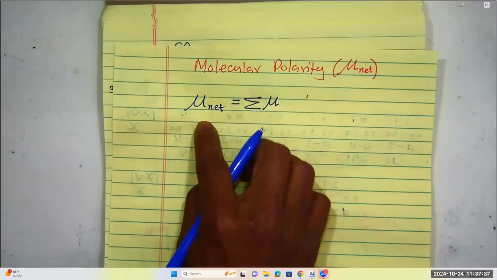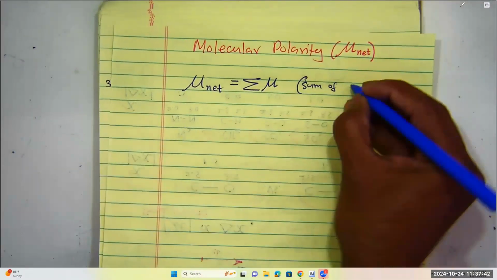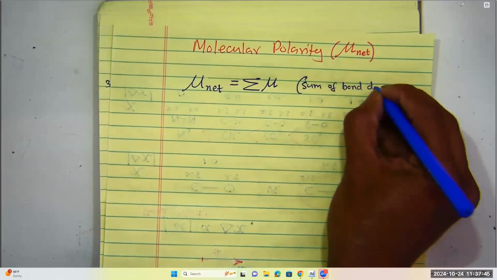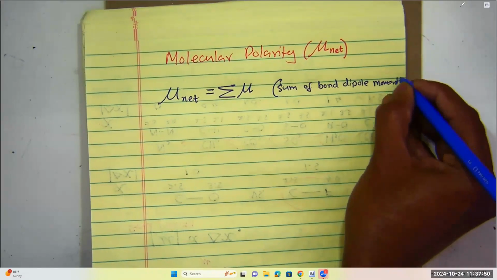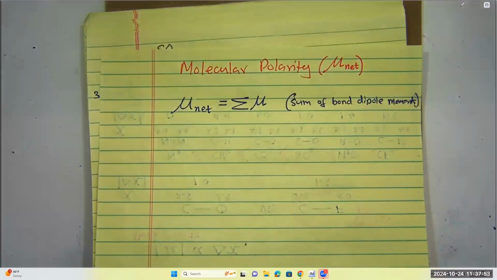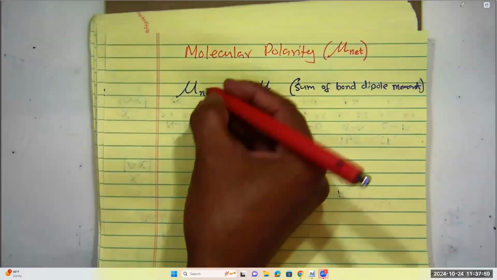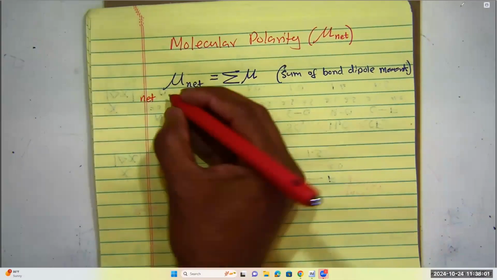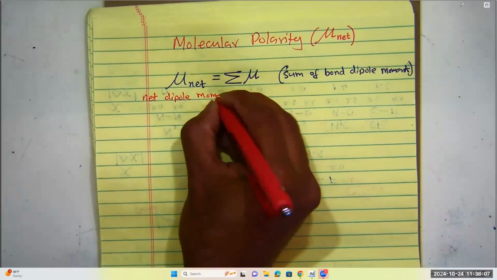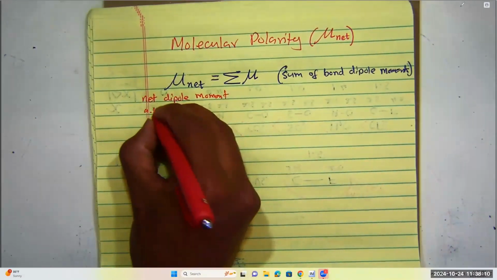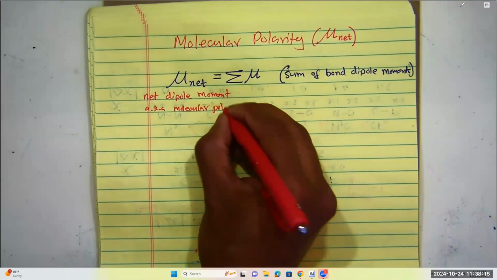So mu net, or net dipole moment, is the sum of bond dipole moments. This is the net dipole moment, or molecular polarity. Net dipole moment, aka molecular polarity.